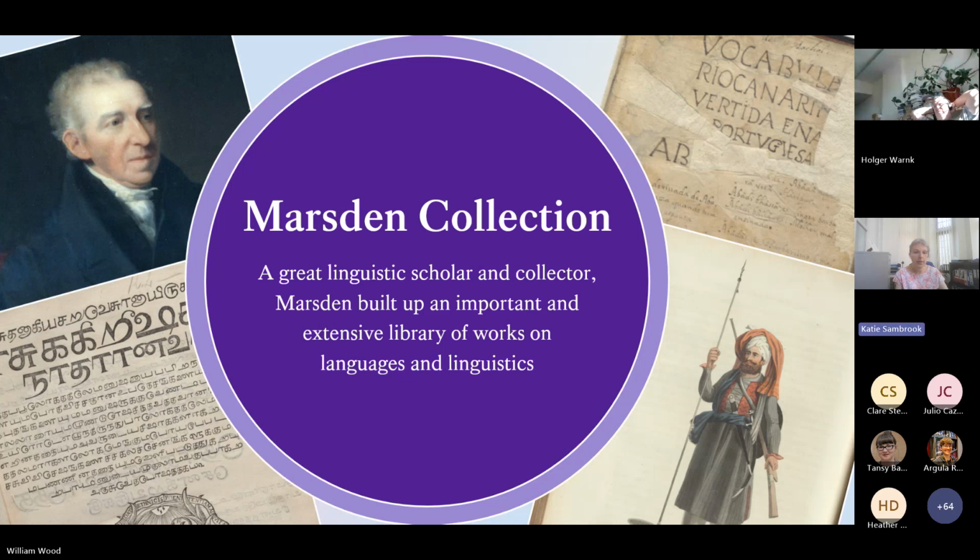Now, Marsden was a real collector, and he hunted out rarities such as the book you see in the bottom left image. This is a copy of the 1715 Tamil New Testament, which is the first translation of the Bible into a South Asian language to be printed. Copies of this book are extremely rare.